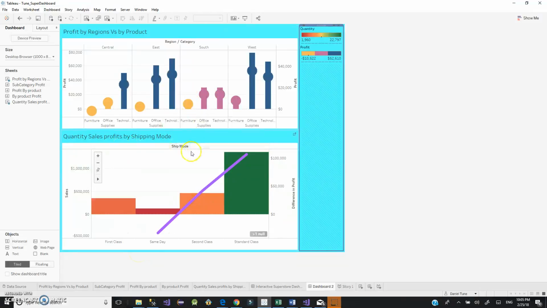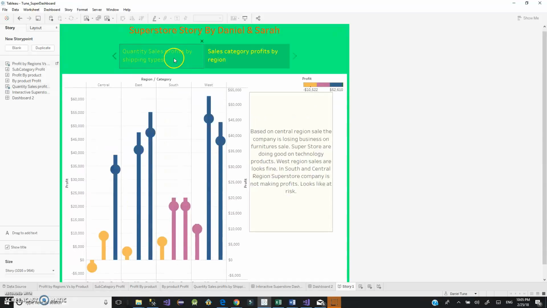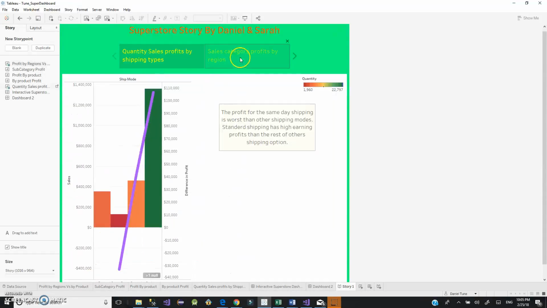This is the second dashboard. Let's go to the storytelling, the Superstore story by Daniel and Sarah. Those are the titles up there. Here is a button for the first one, and another button for the second one for the story.